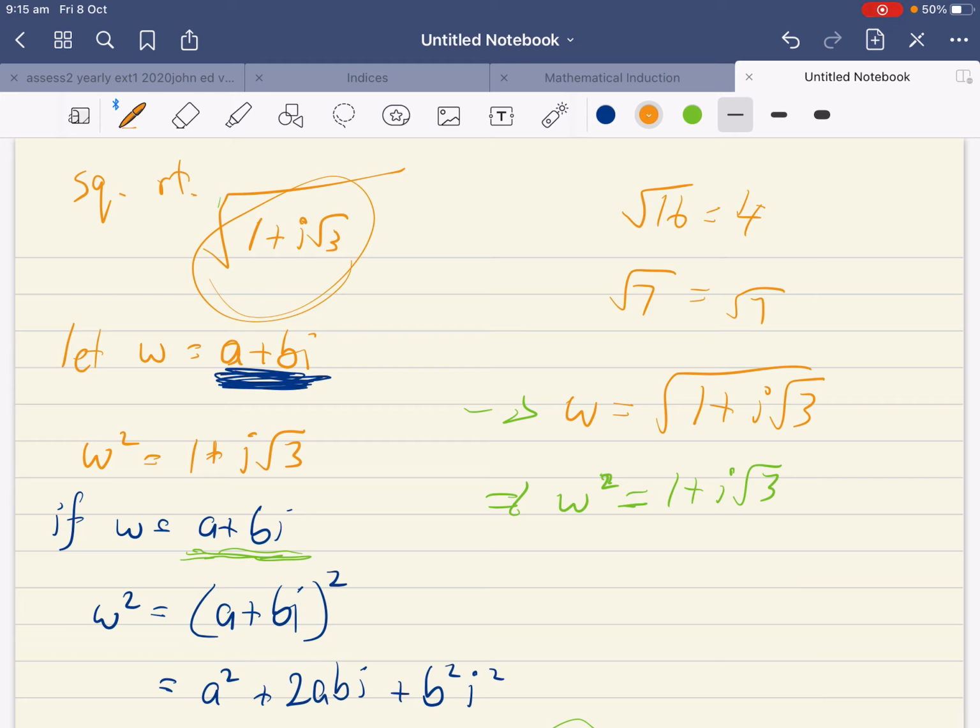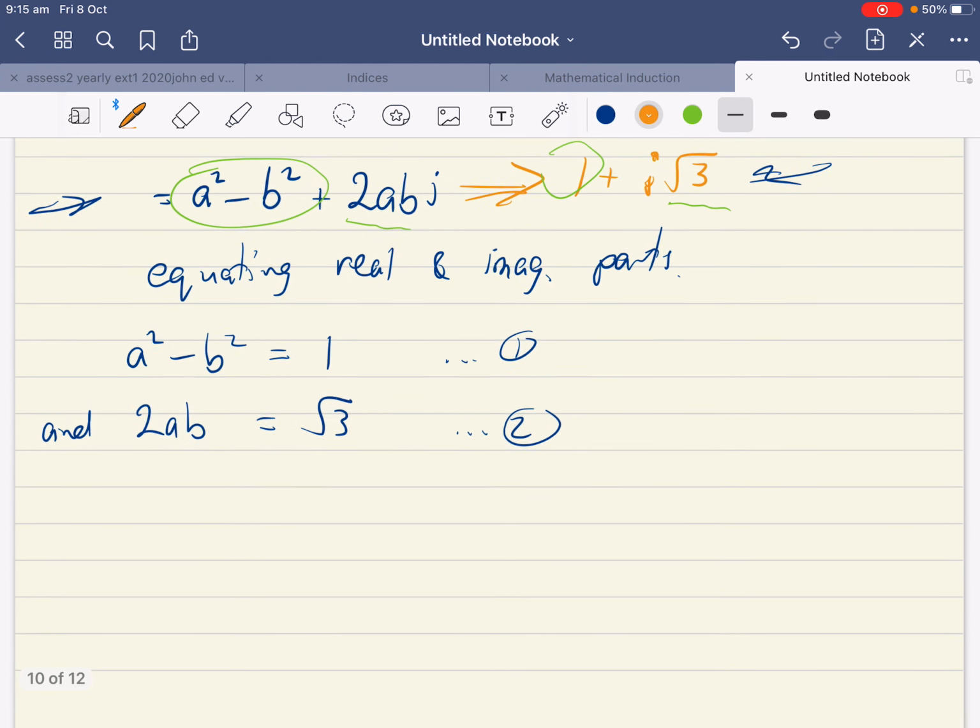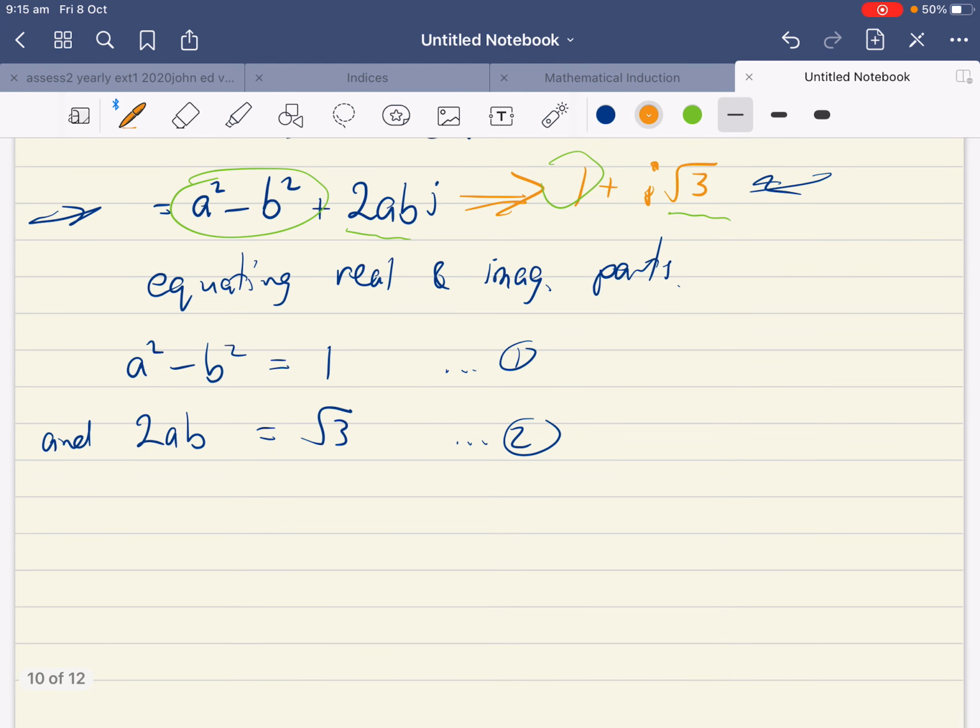Same thing, just create this new complex number, a plus bi, x plus iy, whatever you want to call it, and just let that be the square root. So when you square it, you'll always end up with these two parts here.